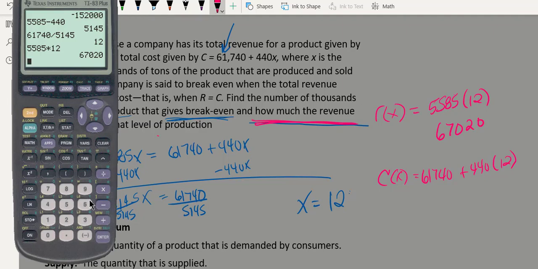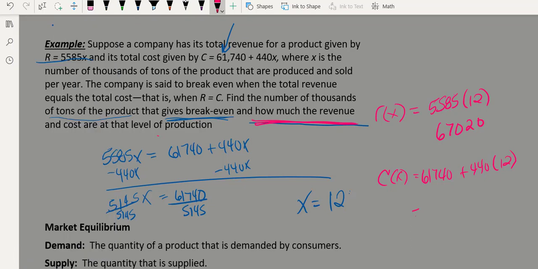So if we test our theory, it will now give us the same amount, 67,020. And again, it should happen that way because it should be our break-even point. So they should have the same exact number.